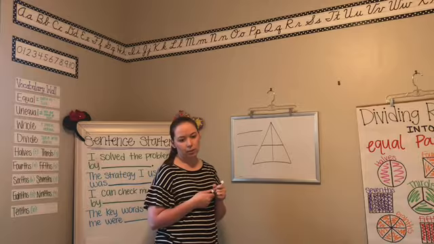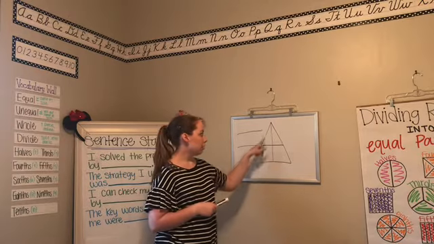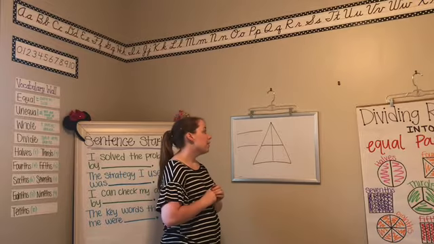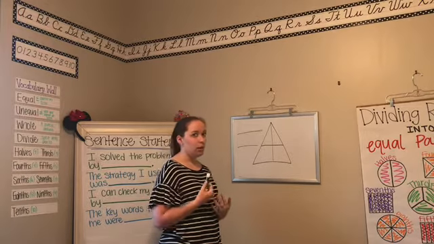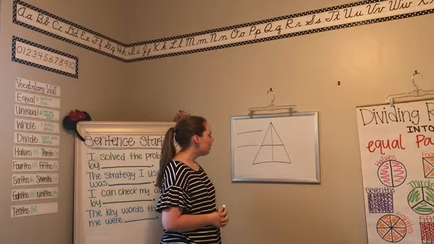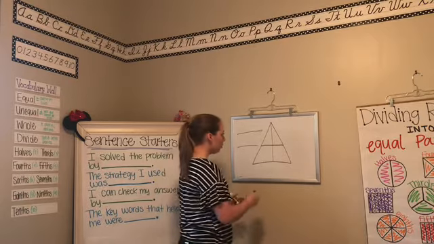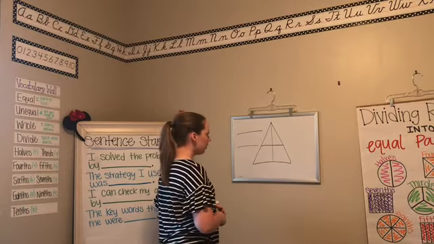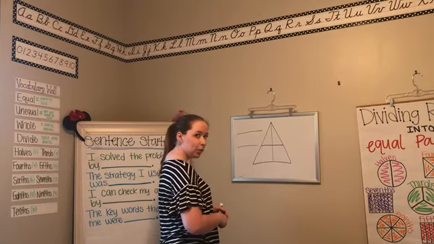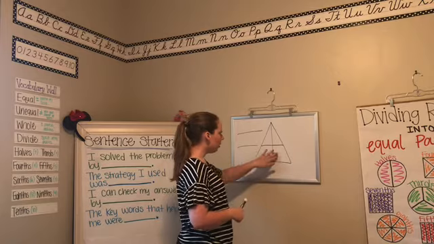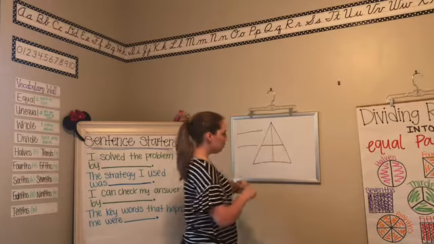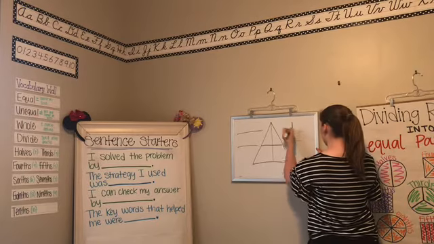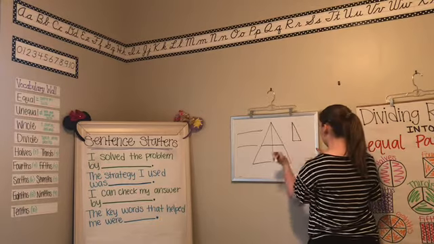Okay, so now we have to decide whether the parts in the shape are equivalent or equal, or if they are not equal or unequal. Okay, so when I look at this, I don't think it's equivalent or that these parts are equal, because this shape actually looks like this if you were to pull it out of the shape.